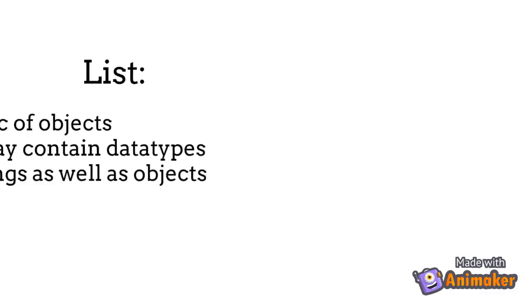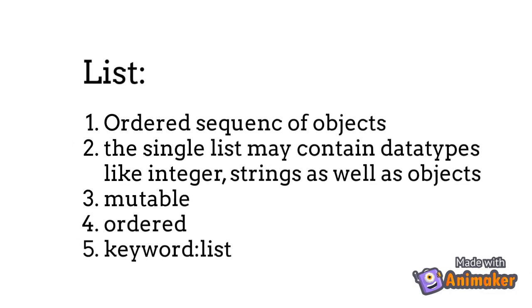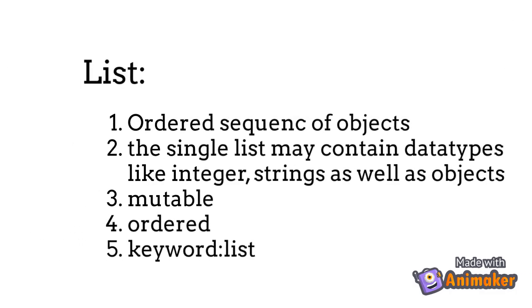We know that Python is an object-oriented programming language. Everything in Python is related with objects and classes. So list is an ordered sequence of objects. A list may contain different types of data in a single list.